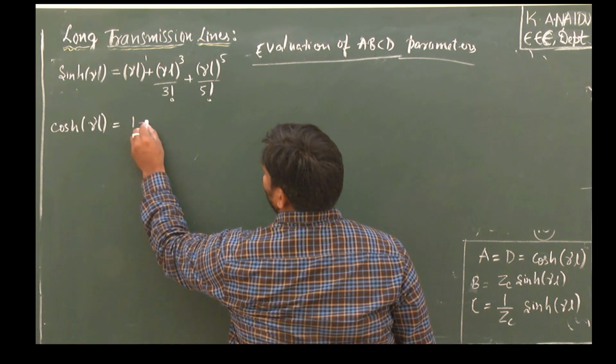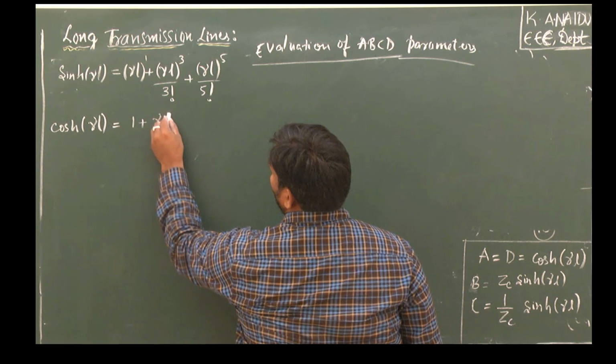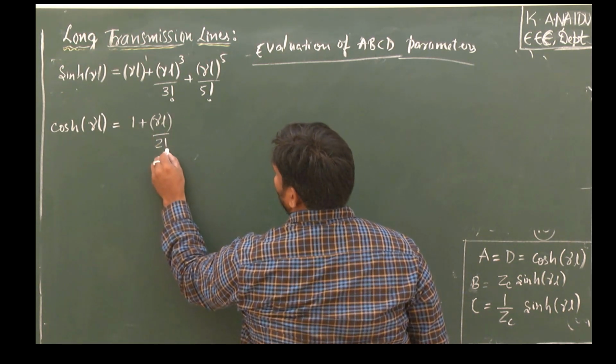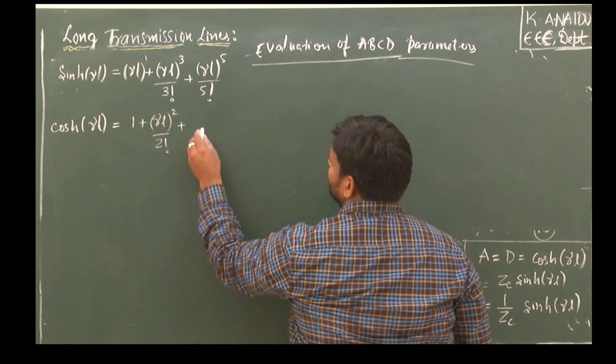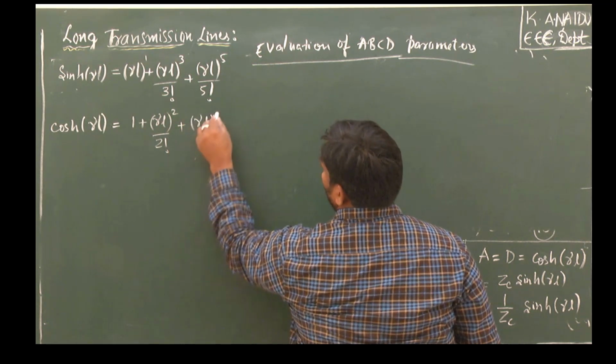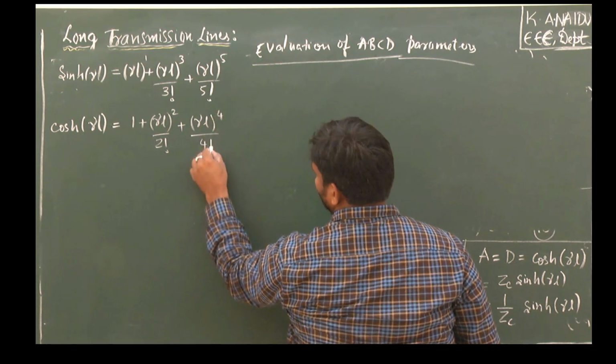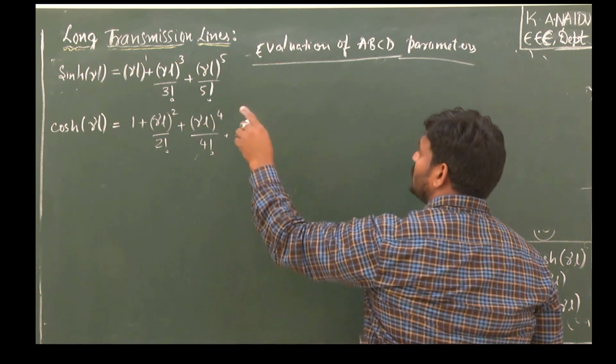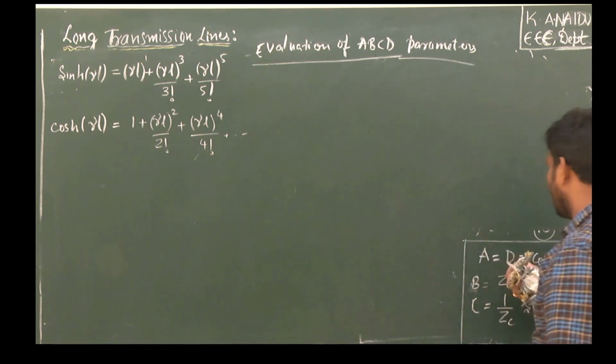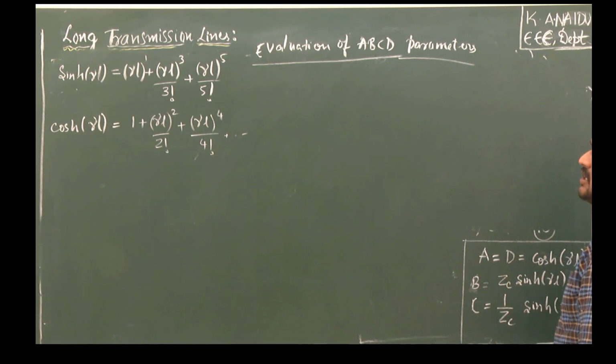So it is 1 plus gamma L whole square by 2 factorial plus gamma L whole power 4 by 4 factorial and so on. So we will use these expansions to derive the coefficients A, B, C and D.